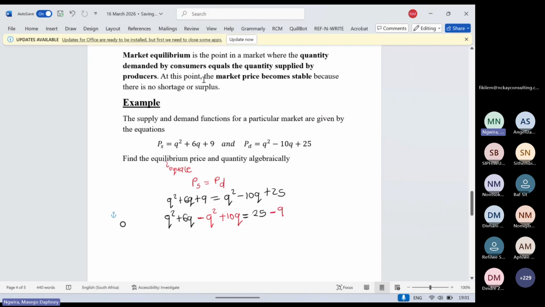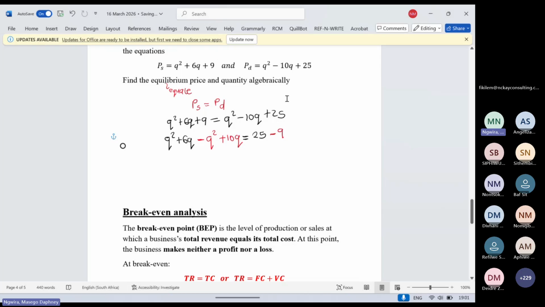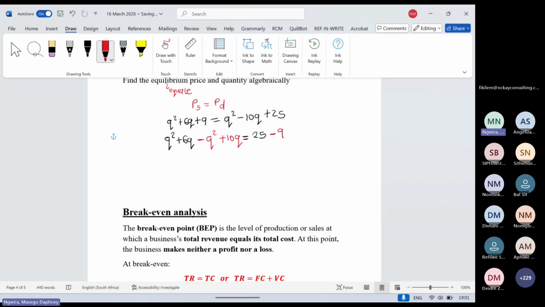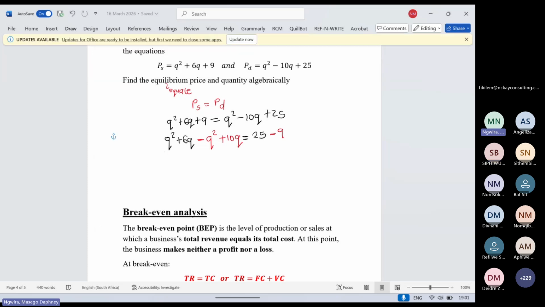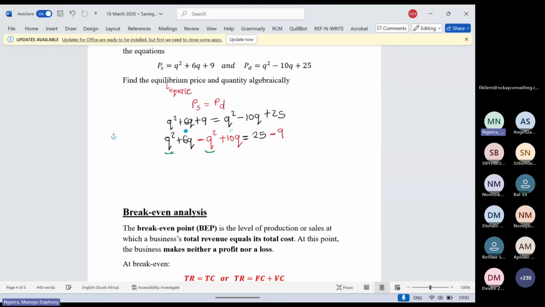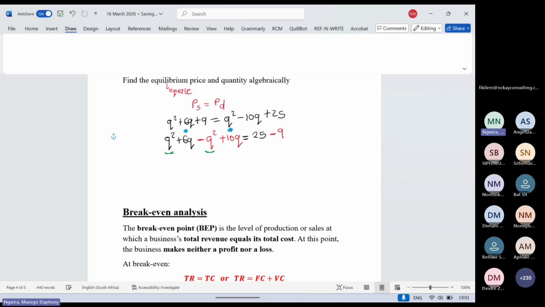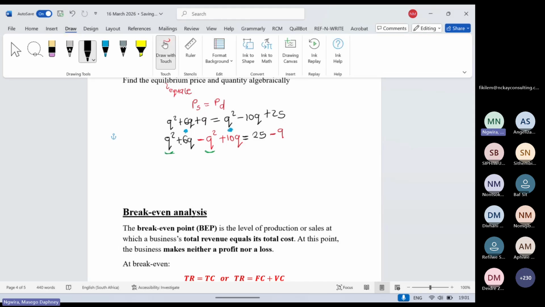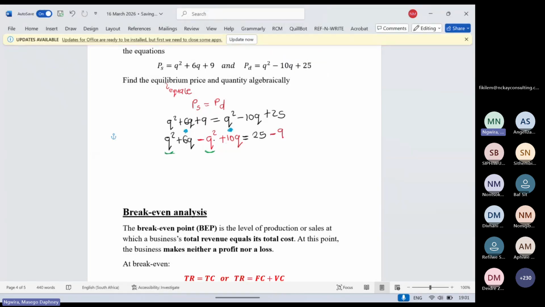And then now we solve. Q squared minus Q squared, these two are the same, so that gives me 0. Then 6 plus 10: a sign before a number belongs to that number, so it's 16Q.